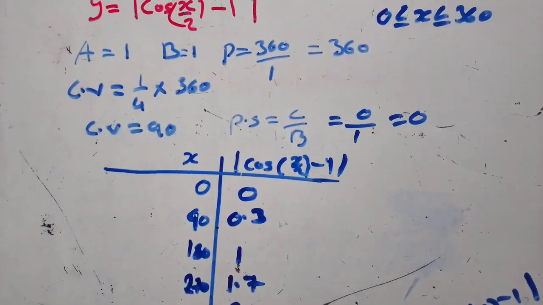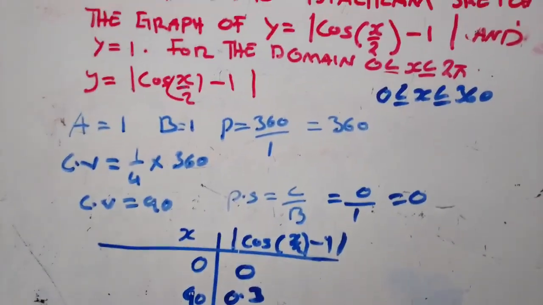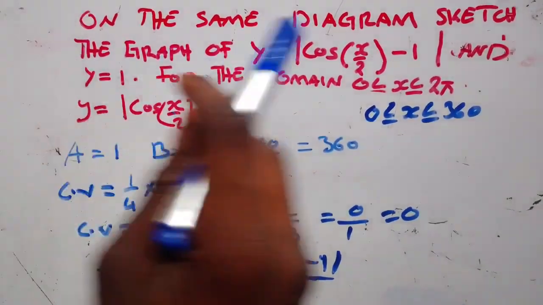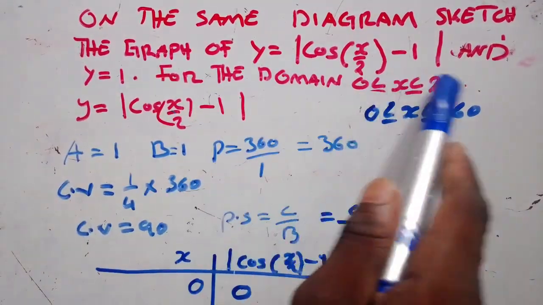Okay, so this is the question that we had on the same diagram: sketch the graph of y equals the modulus of cos x over 2 minus 1, and y equals 1.